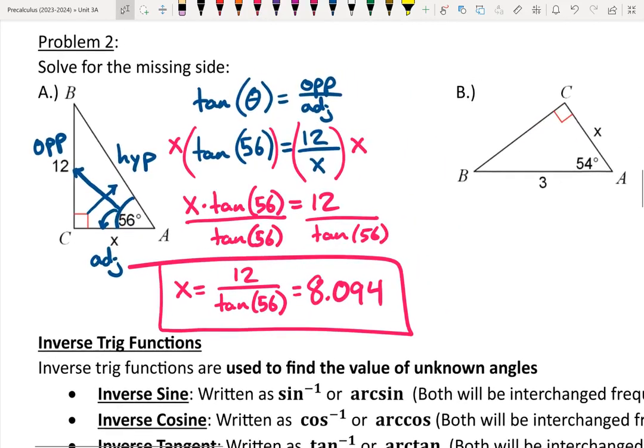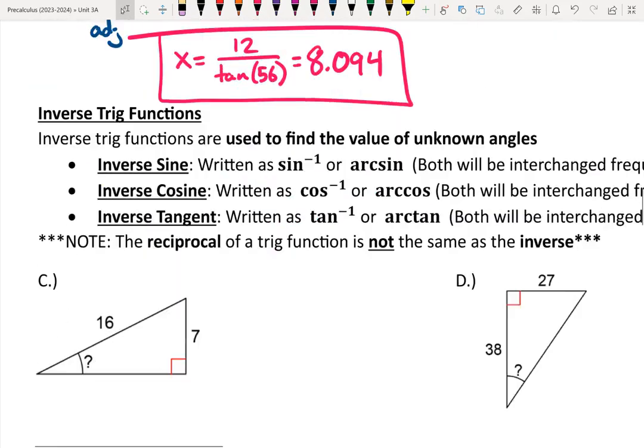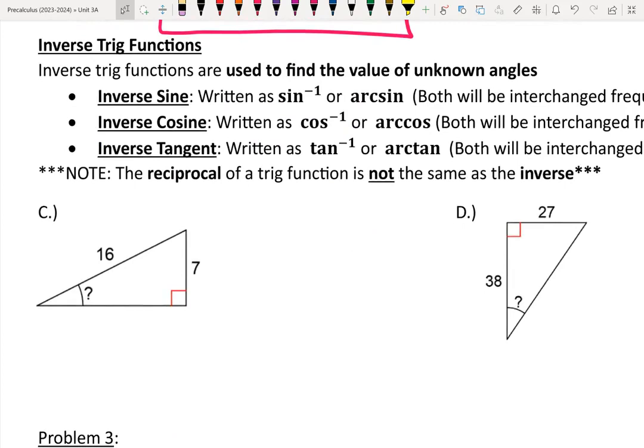All right, problem B is going to be yours for homework. Same idea, using a trig ratio. Now, the other thing that we're looking at is inverse trig functions. Inverse trig functions are the ones that allow us to find angles.